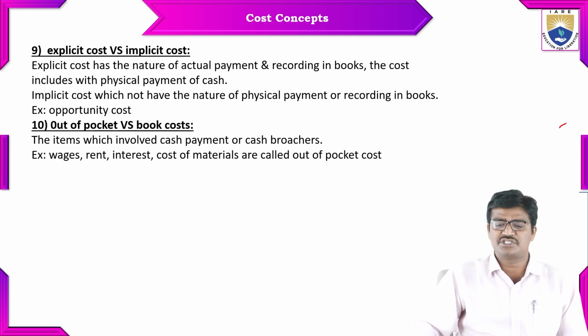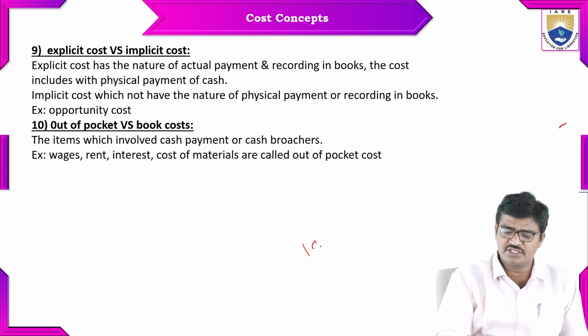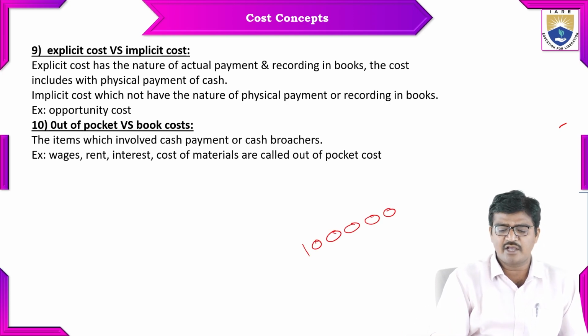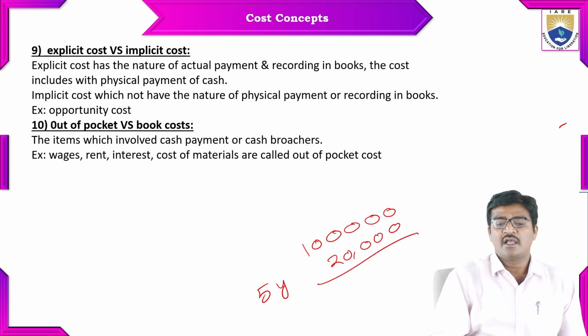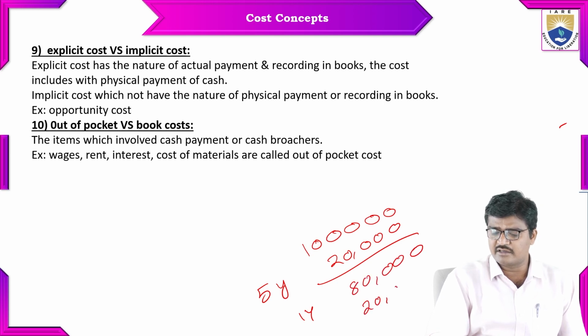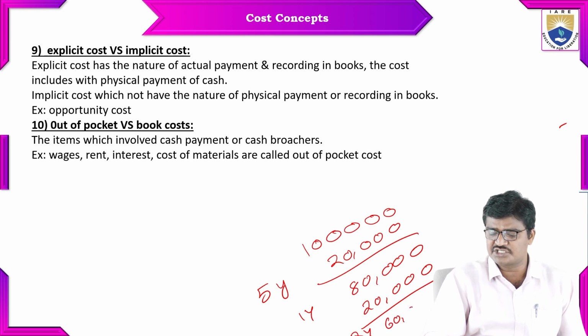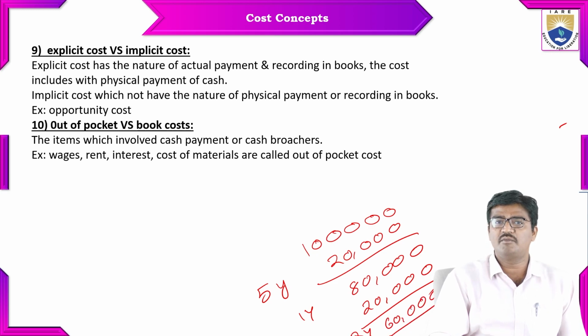For example, depreciation. You have purchased a machinery for 1 lakh rupees. Its life is 5 years, and annual depreciation is 20%. After 1 year, the value of the machinery is 80,000. For the second year, 20,000, and after 2 years the value of the machinery is 60,000. In this way you calculate the depreciation.